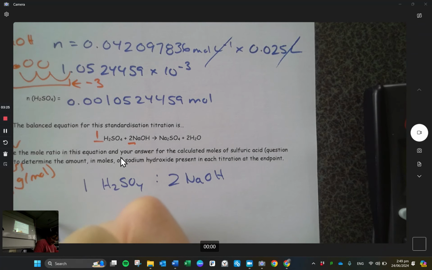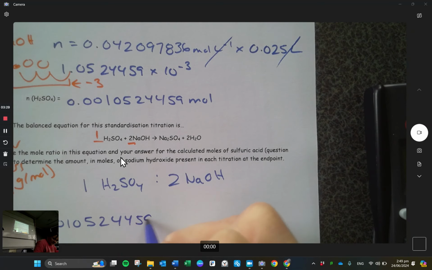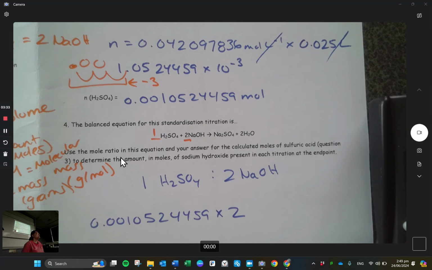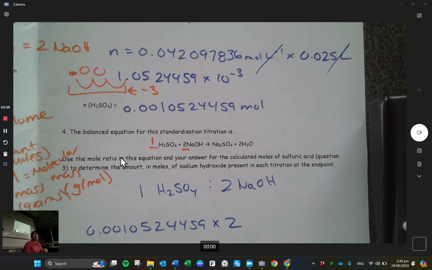So 0.00105244459 times 2. There we go. All right, if the numbers were reversed and this said 2 and that said 1, then I'm dividing it by 2. Hope that made sense as a quick little note. Just ratios.